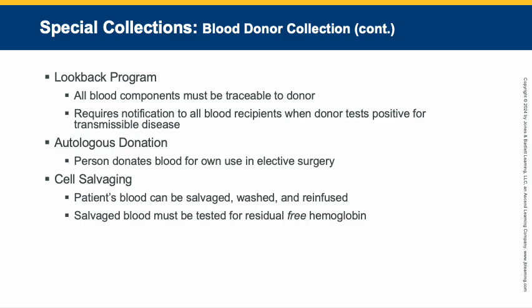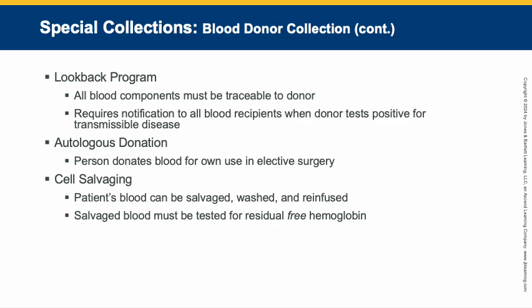Okay, another thing is called cell salvaging. This is a medical procedure to recover blood that is lost, your own blood, during surgery, and re-infuse it back into the patient. We said autologous is donating for yourself ahead of time.